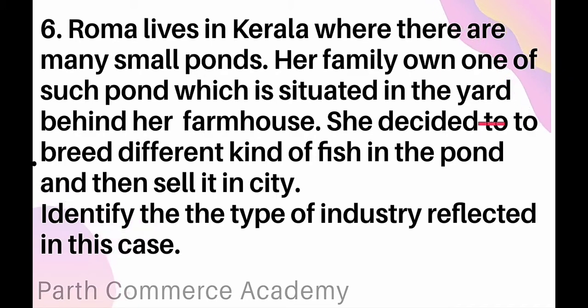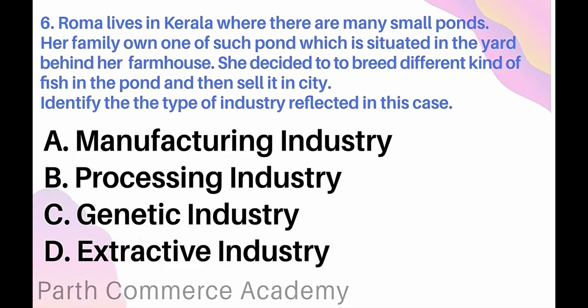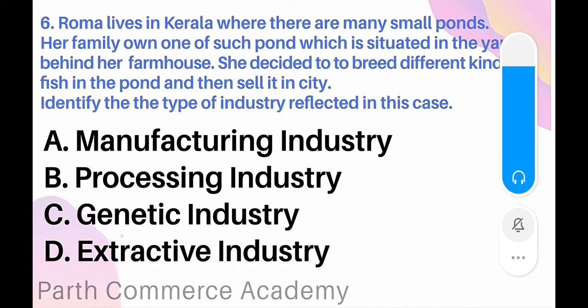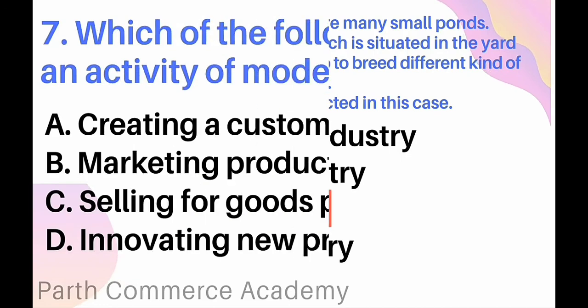Identify the type of industry reflected in this case. Options are manufacturing industry, processing industry, genetic industry or extractive industry. When we are talking about breeding of any animal, it is a part of genetic industry. So the correct answer is option C, genetic industry.